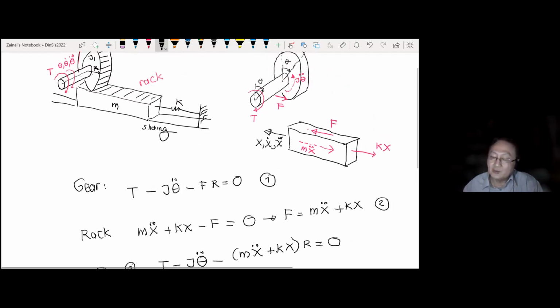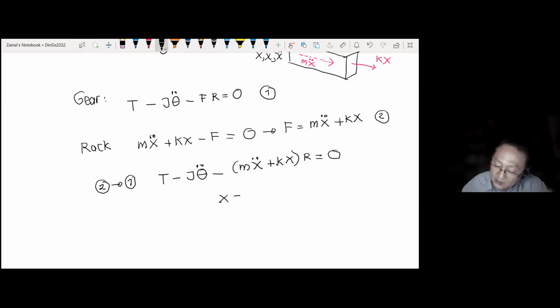And you know that x is equal to r multiplied by theta. You substitute that there, you have T minus J theta double dot minus this one.